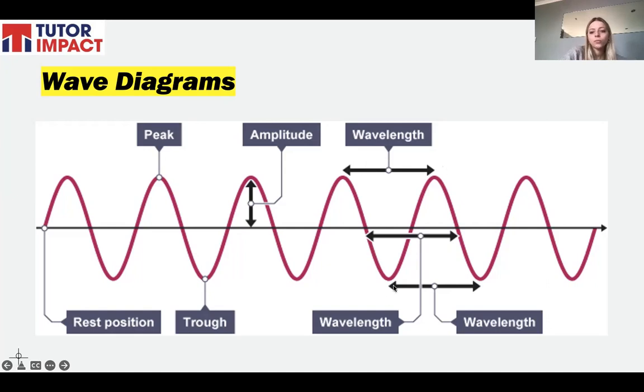You can also do it from trough to trough, so this is also showing a wavelength, a whole wave. It doesn't have to be the peak or trough. You can also measure it from two equivalent points on the wave. So all of these show the wavelength, which is a full cycle of the wave.